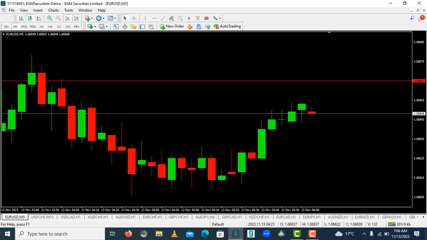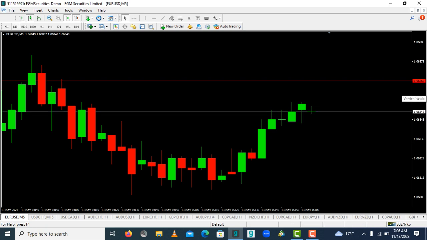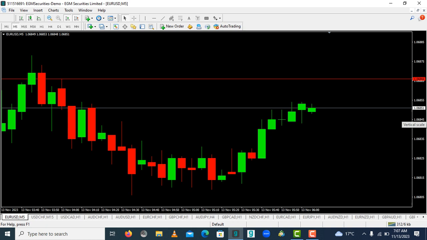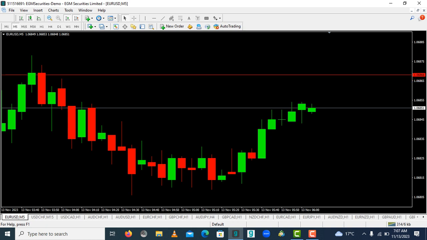When you go to purchase the euro, remember the euro here is the base currency, you will buy the euro at this price, the ask price. When you want to sell the euro, in case you have them, you will do it at the lower price or the bid price.